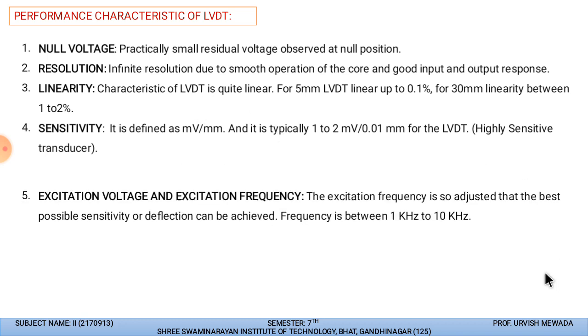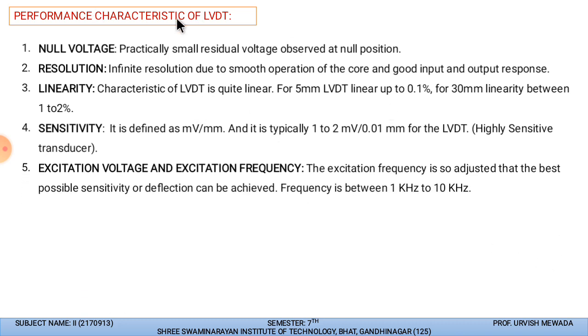So as we move the core, according to the movement, it will show the output. That's why it is called a highly sensitive transducer.